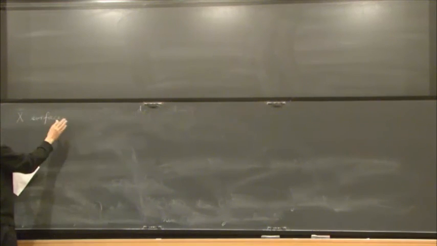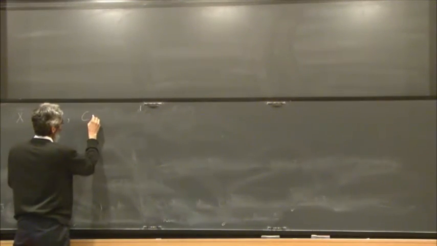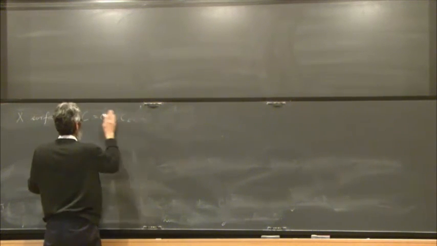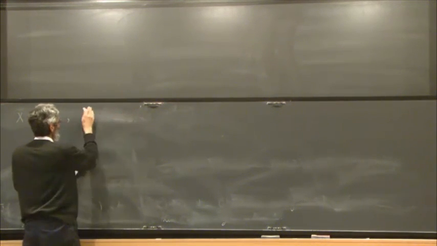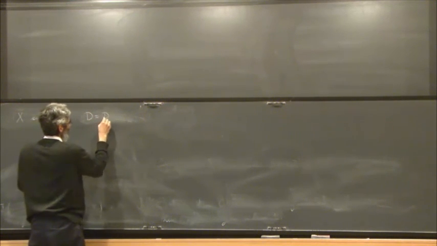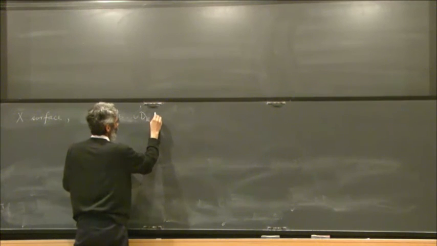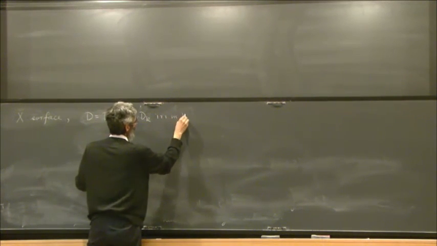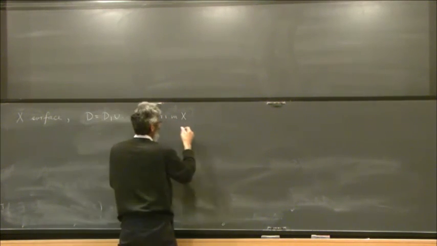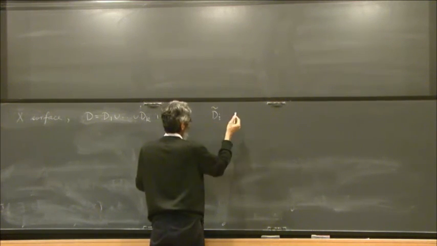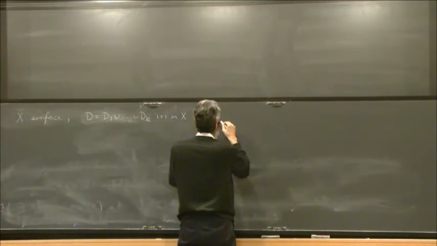Smooth projective surface, p_g may or may not be equal to 0. And C is a curve, so C is C1 union C2, maybe I can't use C's for everything, so these are all irreducible in X. So I can take their non-singular models and take Pic 0, take the Jacobians.